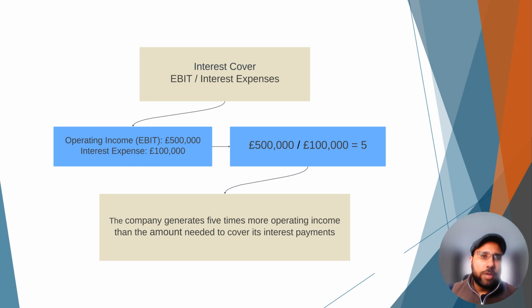And the interest expenses is £100,000. If you were to divide the two, you would have an interest cover of 5. So in this example, the company generates 5 times more operating income than the amount needed to cover the interest payments.